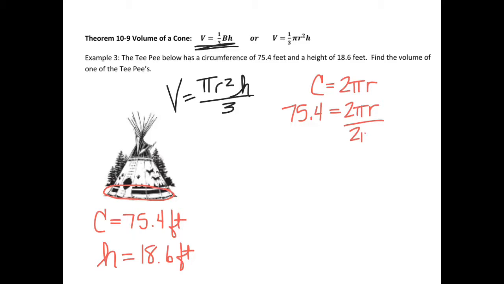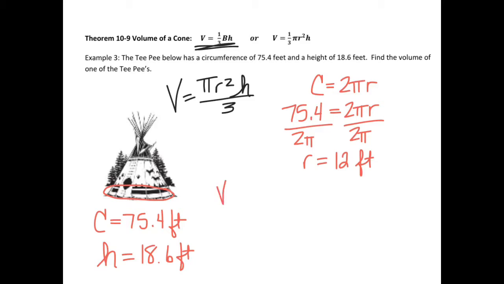When I divide both sides by 2 pi, 75.4 divided by 2 pi equals 12.0002, so approximately 12 feet.